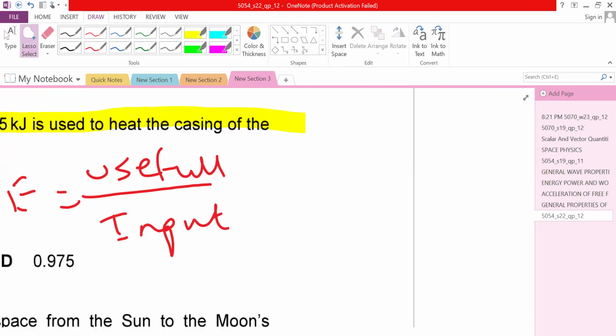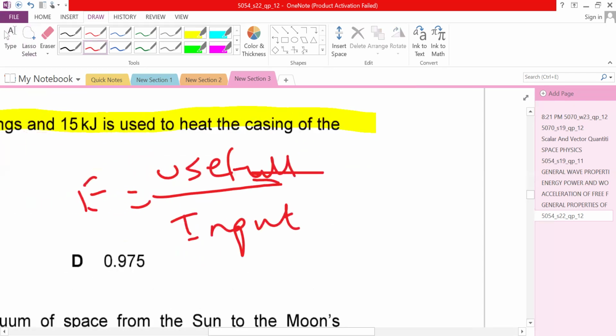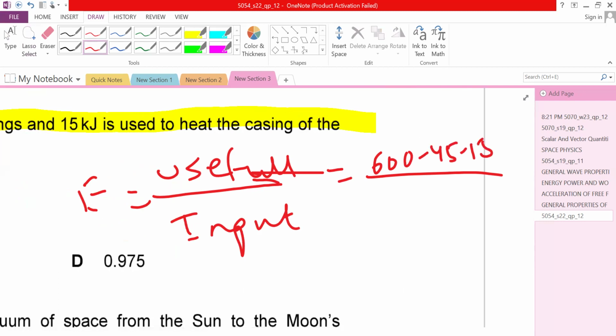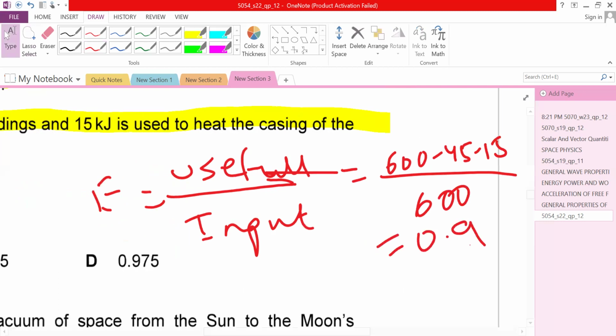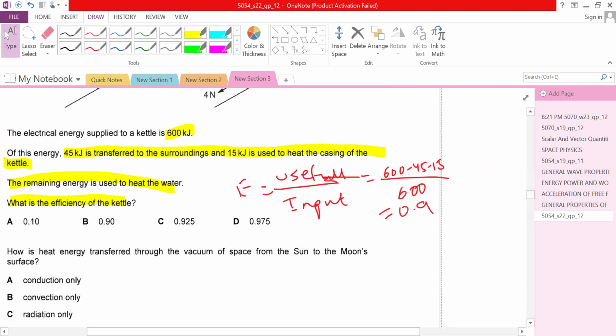It would be 600 minus 45 minus 15 divided by 600 equals 0.9. So the correct answer would be B.